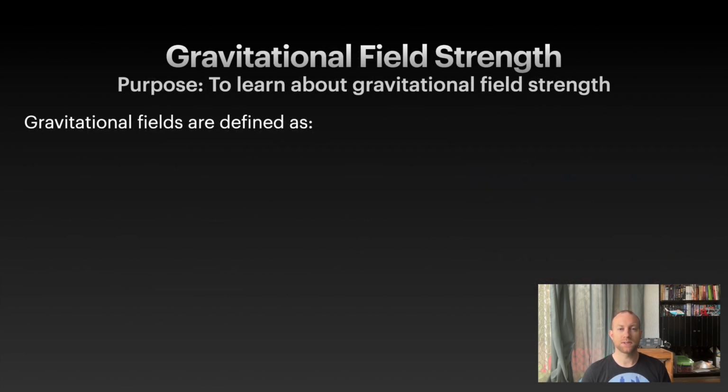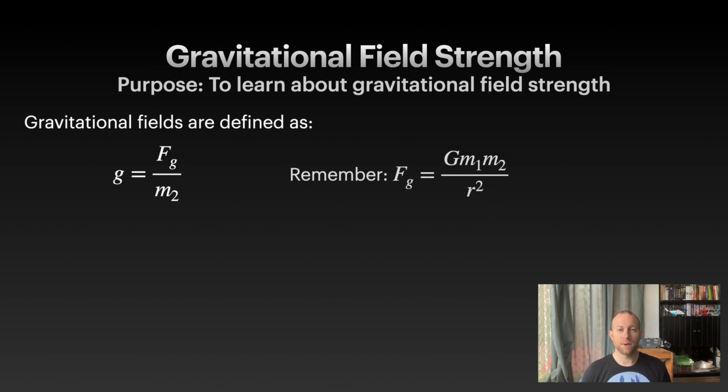So gravitational fields are defined as g equals, little g is gravitational field. It's the force of gravity divided by m2. Now m2 is the mass that is around the planet, or the secondary mass. Just to remember from last lesson, Fg is equal to G m1 m2 over r squared.